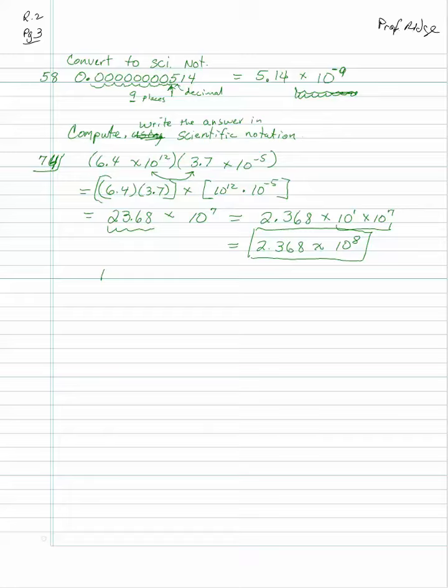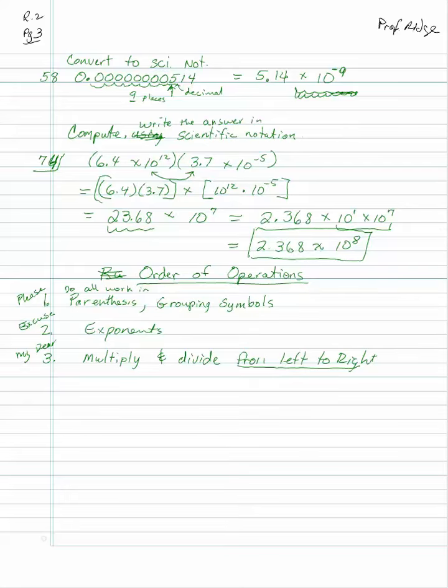And then of course the last thing is the rules for order of operations. So I'll just write them down. I'm sure you're comfortable with that too. So we have this acronym, please excuse my dear Aunt Sally.